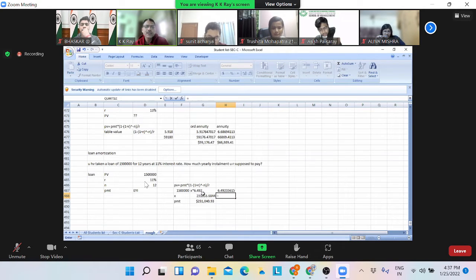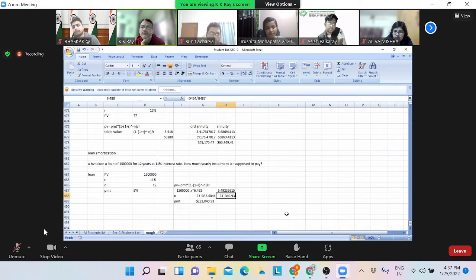Then 15 lakhs divided by this table value gives the exact amount as per our Excel: 2,31,040.93. Are all of you getting me or not? Yes, sir.